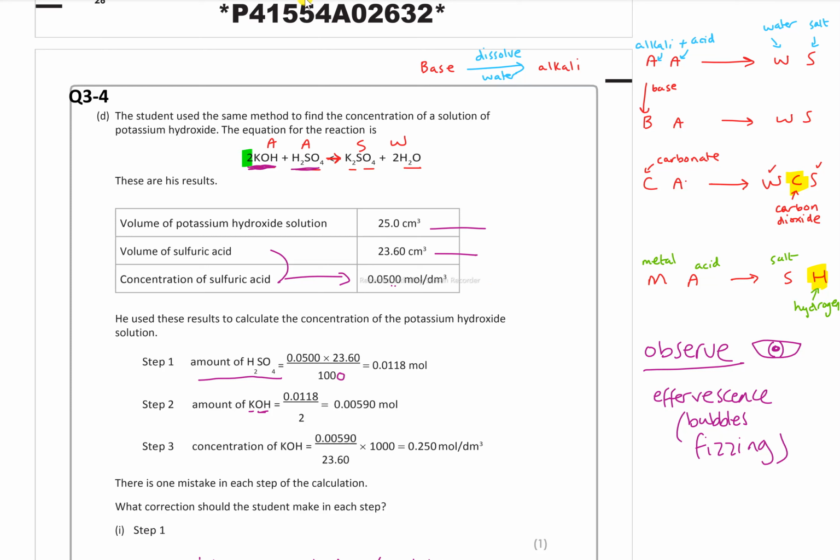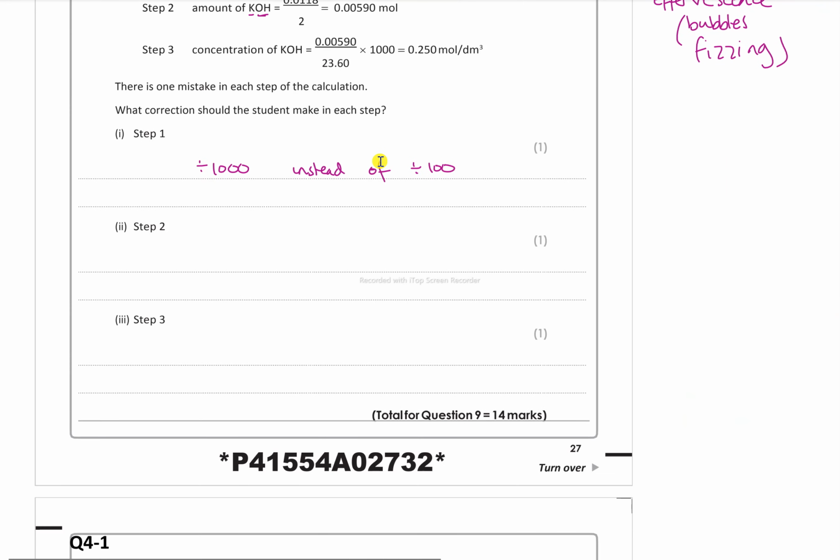So this is how I remember it, yeah? So you want 2 moles of this for every 1 mole of this. Look, there's a 1 here. It's hidden, yeah? They don't have to write it. So for every one sulfuric acid, I need 2 potassium hydroxides. So it's mole ratio 2 to 1, or in this case it'll be 1 to 2.